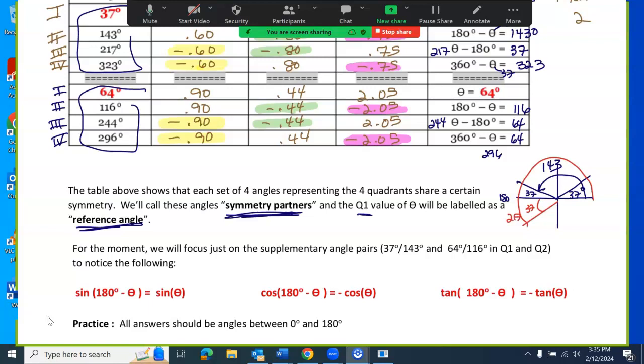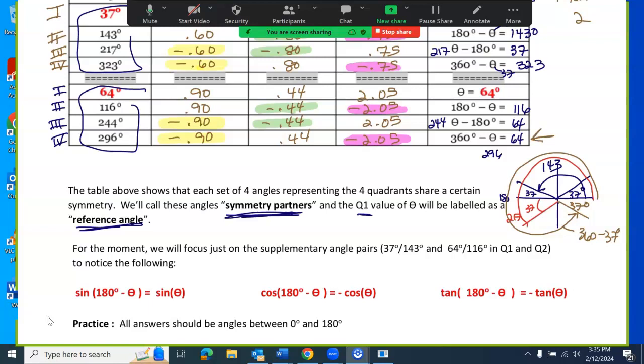And lastly, if I have a 37 degree angle right here, and I start over here and I go all the way around to here, what angle is that? Well, that's going to be 360 minus 37. And this is exactly what I'm doing here.